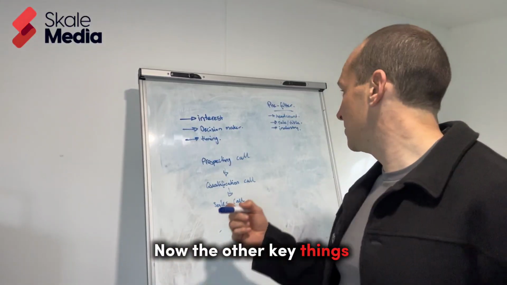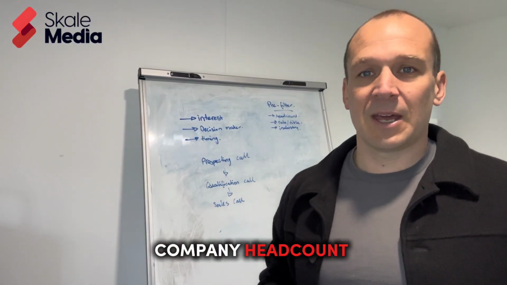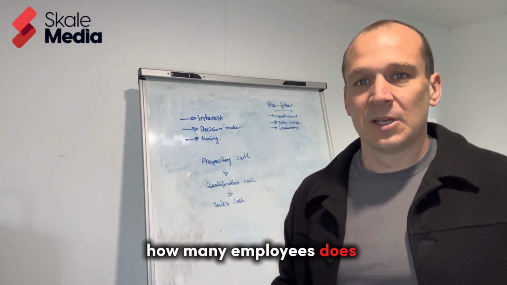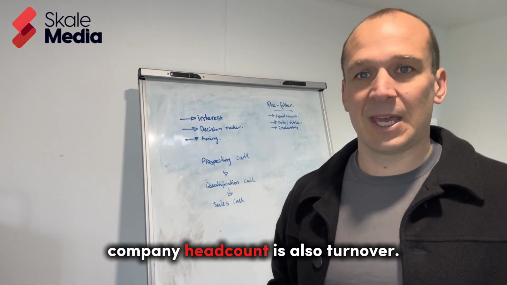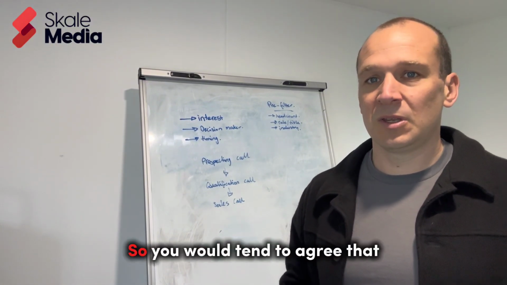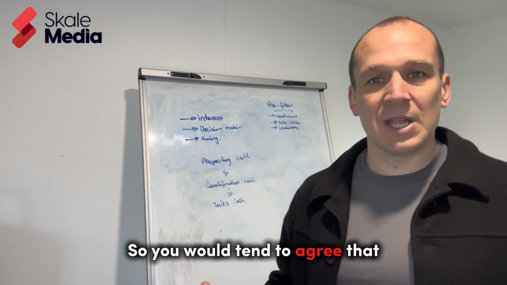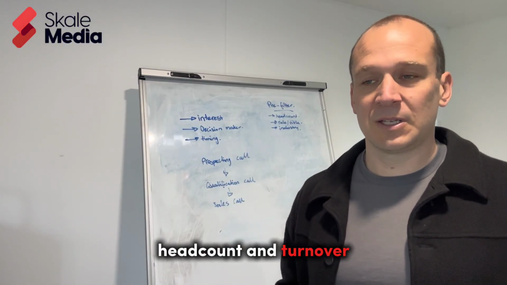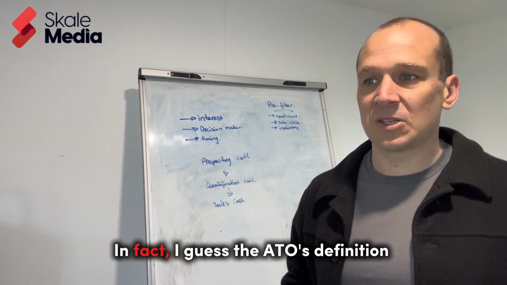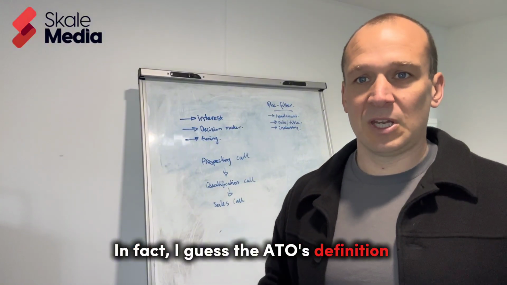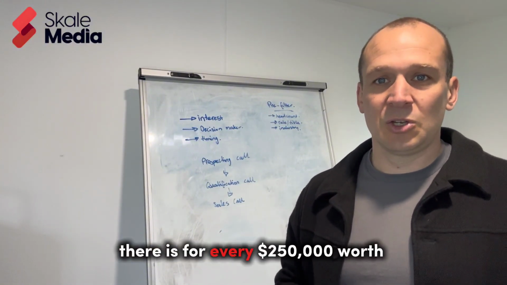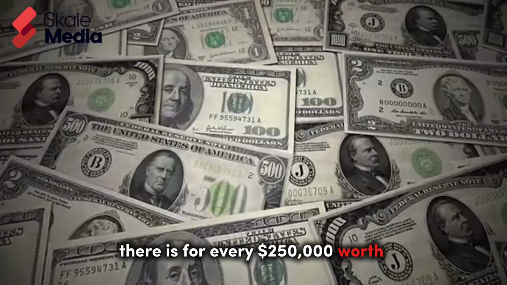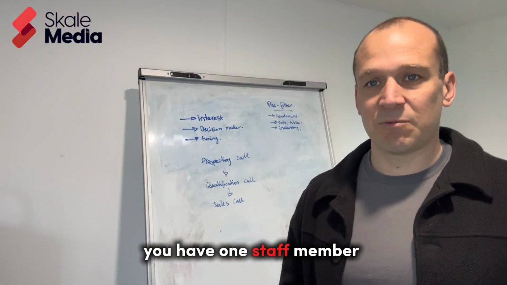Now the other key things you need to think about, company headcount. How many employees does that business need? Now the other way to look at company headcount is also turnover. So you would tend to agree that headcount and turnover are somewhat correlated. In fact, the ATO's guidance is for every $250,000 worth of turnover, you have 1 staff member.